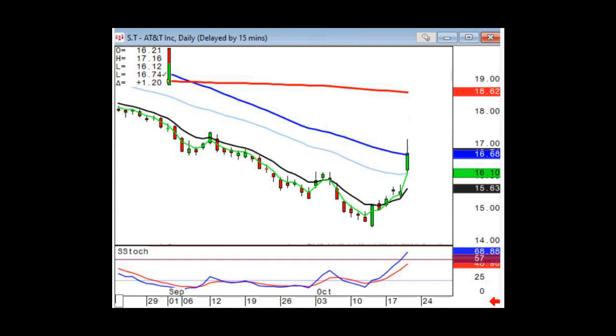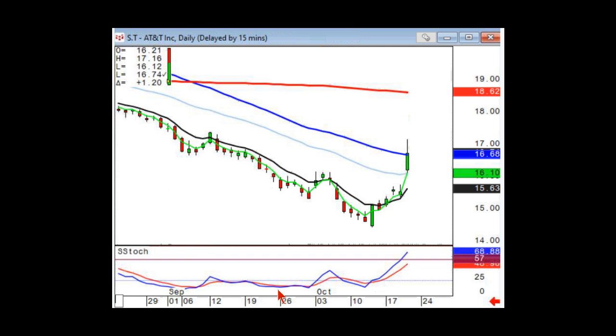Stochastics are 12-3-3. That was nothing created more than when I first started learning candlesticks. It was 14-5-5, but I was a swing trader, meaning my trades lasted anywhere from 2 to 10 trading days. So I needed something a little bit quicker. I didn't know whether it was 14-3-3 or what the number was.